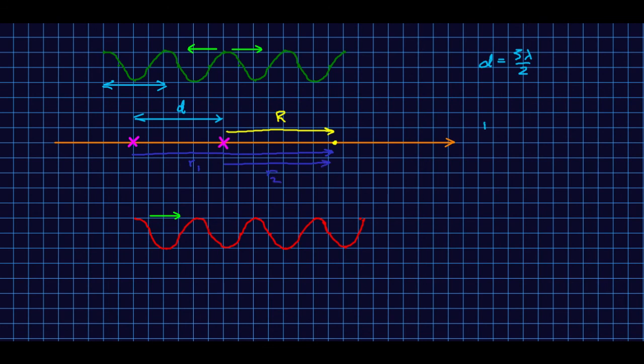And again, R1 is D plus big R, and R2 is just big R, and so our delta R is again D, which is 3 lambda over 2. And since that's a half integer wavelength, that tells us that crests from one always arrive at the same time as troughs from the other, and we will have destructive interference out here. And that's true everywhere out here because I could have picked any R and this argument would be the same.